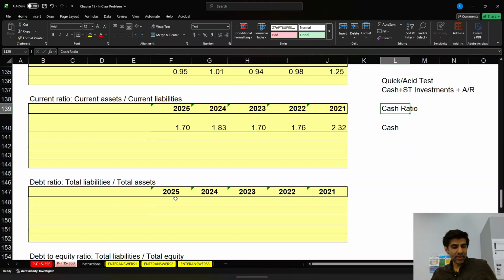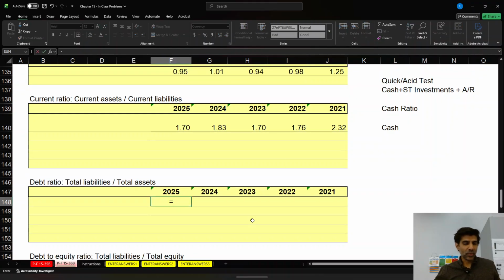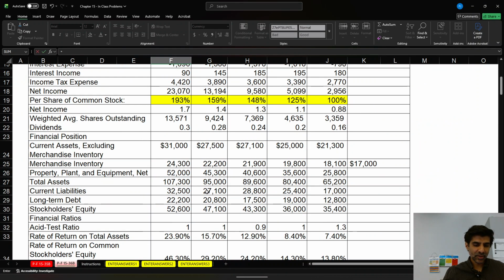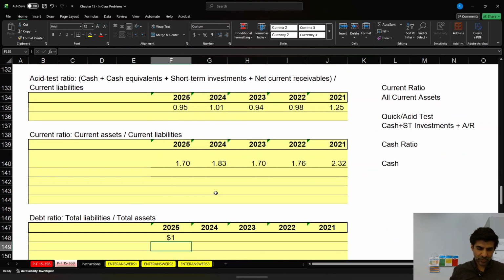Then the debt ratio is equal to your total liabilities divided by total assets. Total liabilities, which they're not giving you directly, is your current plus long term. So it's these two divided by your total assets, which is given to you in line 27.